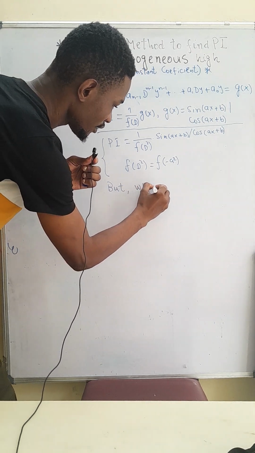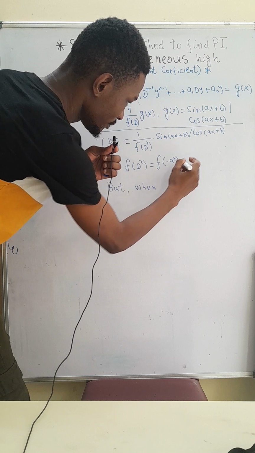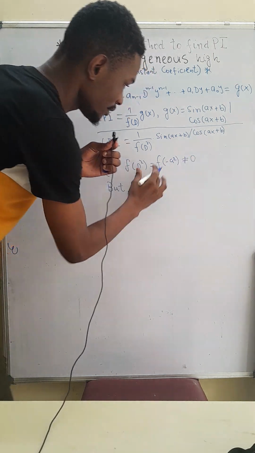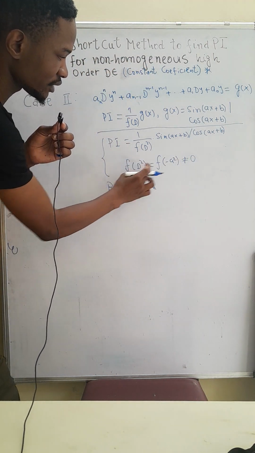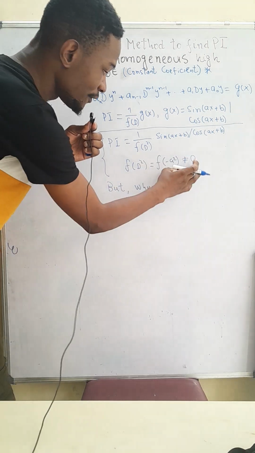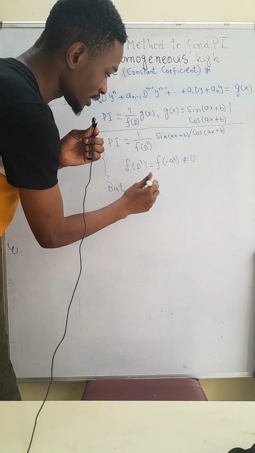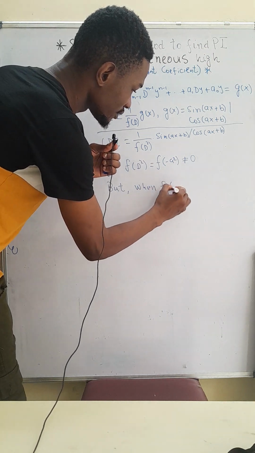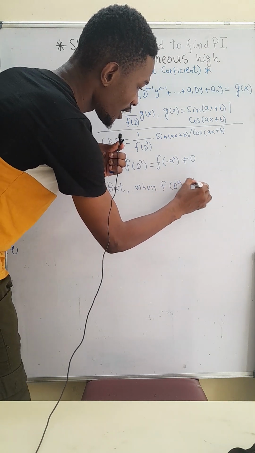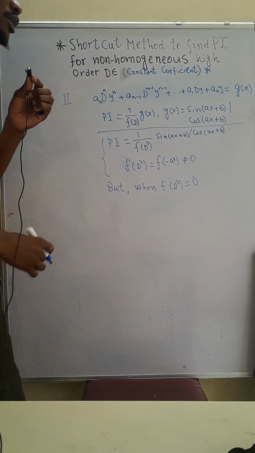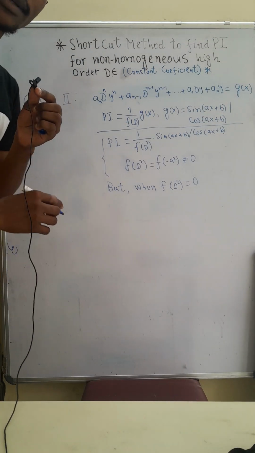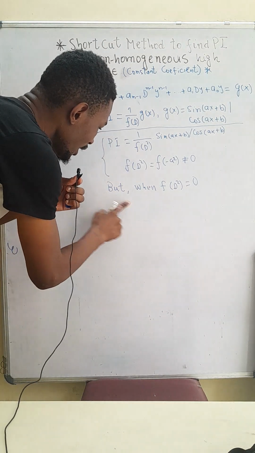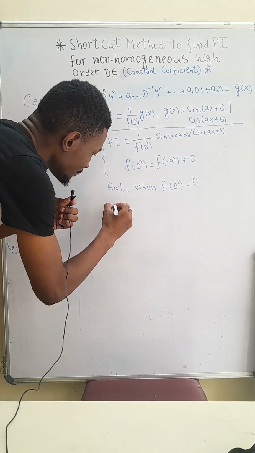If you substitute this and it is different from 0, just substitute and that's fine. But if you substitute this, and you get f of d square equal to 0, what does it mean?